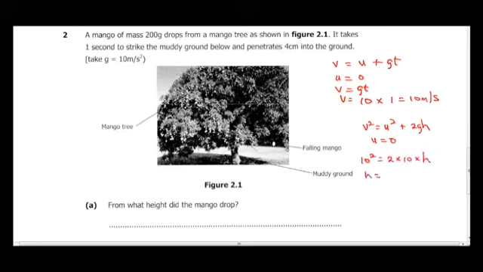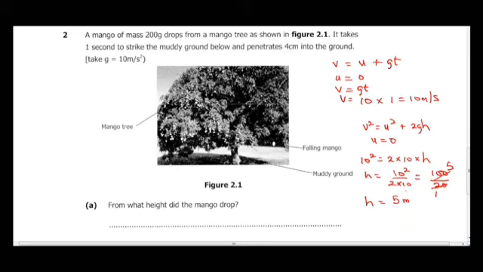Therefore, our height is 10 squared over 2 times 10, which gives us 100 over 20. 20 into 100 gives us 5. So our height is 5 meters. That is exactly the height from which the mango fell.